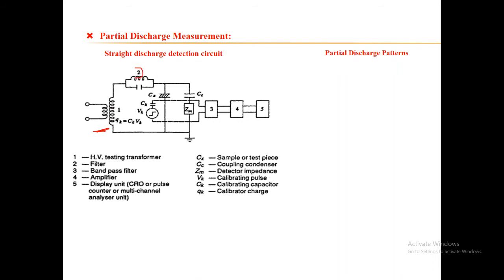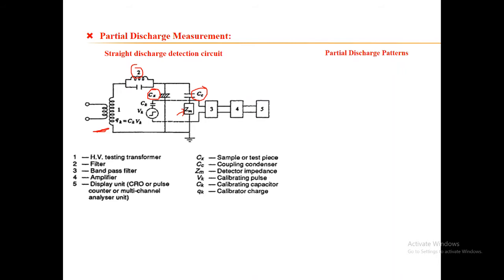Two represents the resonant filter, which is used to prevent any pulses starting from the capacitance of the winding and bushing of the transformer. CX represents the test object. CC represents the coupling capacitor. ZM represents the measuring impedance.